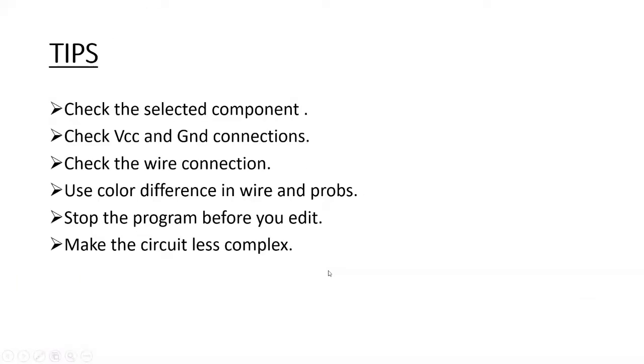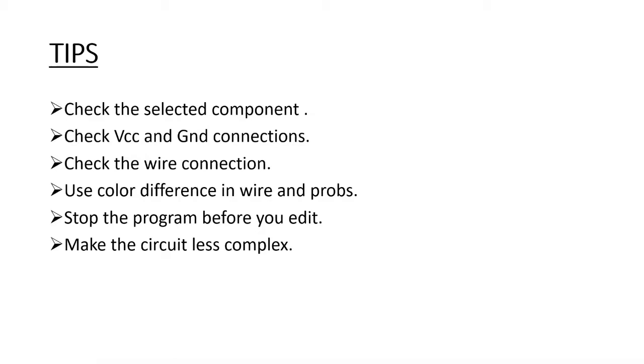So we are at the end now. These are some key points to use this Multisim software efficiently, or some common mistakes which I have made. Check the selected components twice. Check the VCC and ground connections. We have to check the power supply connections first. Check the wire connections.